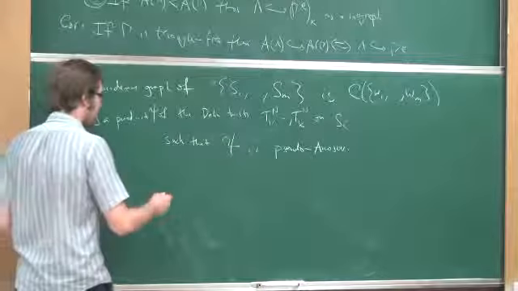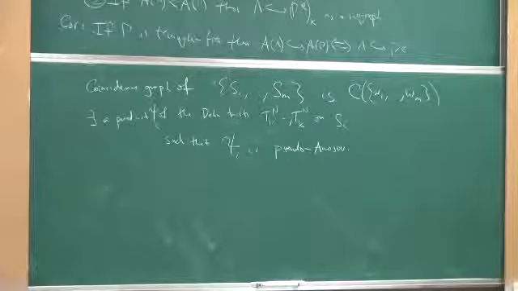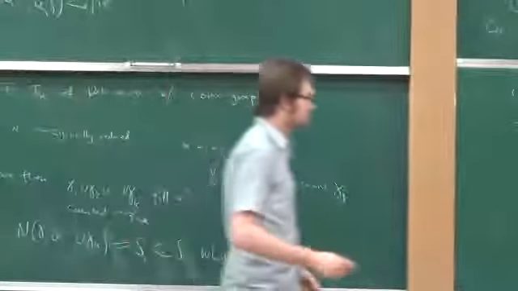And so now I'll label this pseudo-Anosov psi i because it's on the ith subsurface. And now take one of these curves about which I'm twisting.